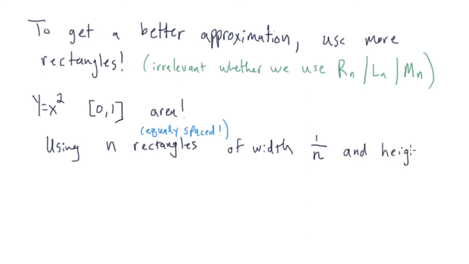Well, what is the height of each rectangle going to be? Well, I need to think about what are the right endpoints of each subinterval. Well, if I start breaking it up, here's 0 all the way to 1. Well, I'm going to have 1 over n, and then my next right endpoint is going to be 2 over n, and then my next endpoint is going to be 3 over n, all the way.